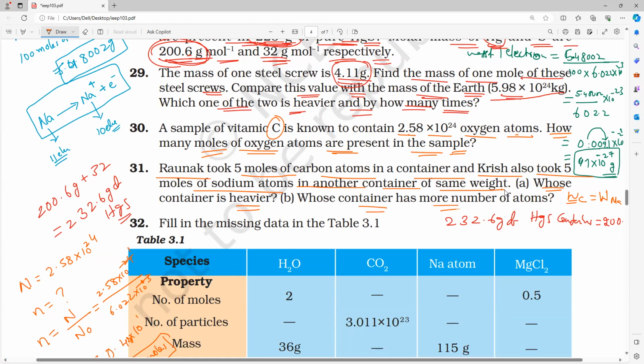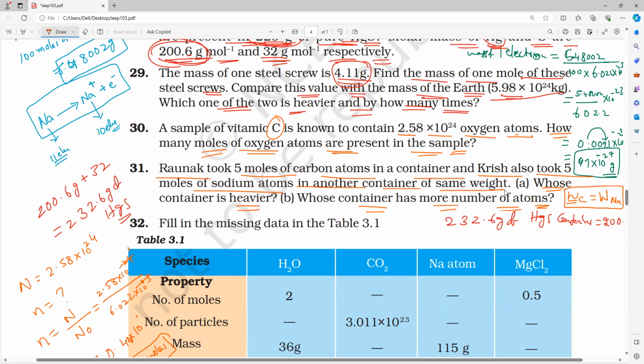Whose container has more number of atoms? That is the question. Both took the same weight, so both will feel the same.